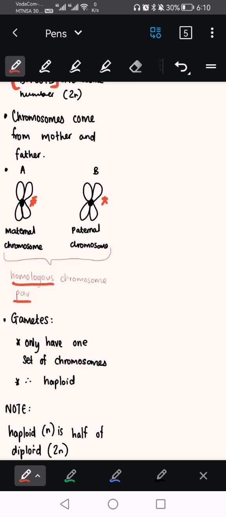Because for every maternal chromosome, there will be a paternal chromosome, because we are reproduced sexually, which means there will be a male and a female involved, even if it's done through technological means.